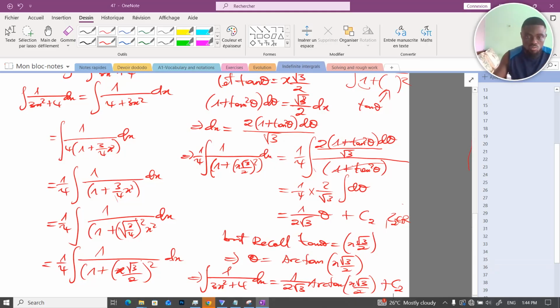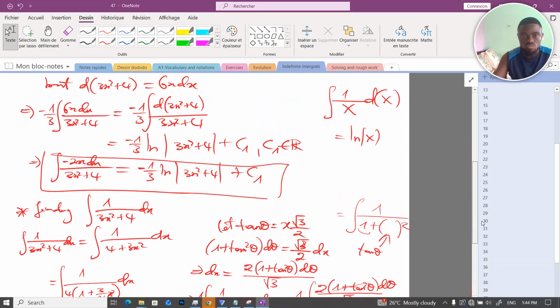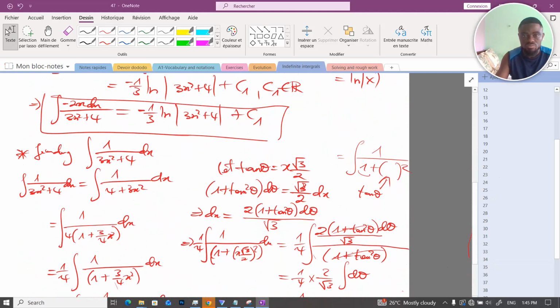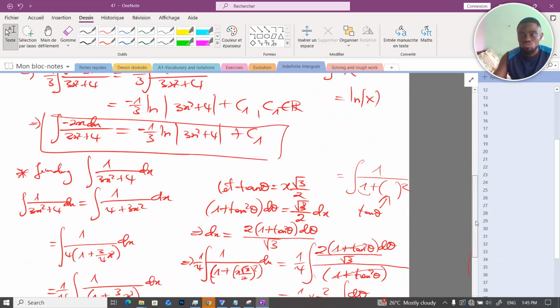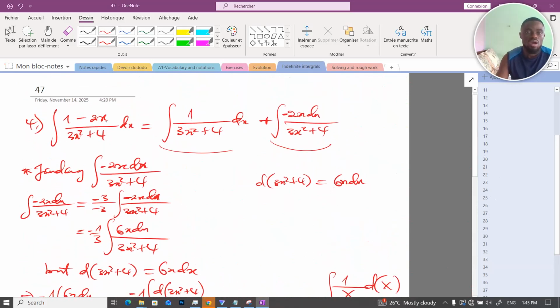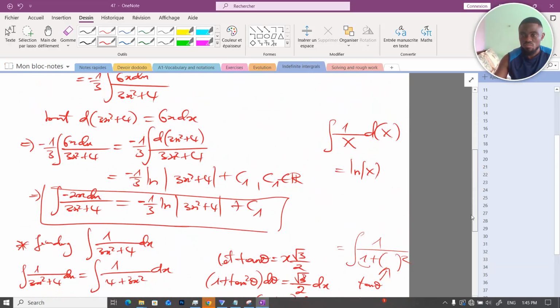Okay, we have already found the two integrals. So this was the first answer. So the integral we were finding was the integral of (1 minus 2x) on (3x squared plus 4). Okay, very good.